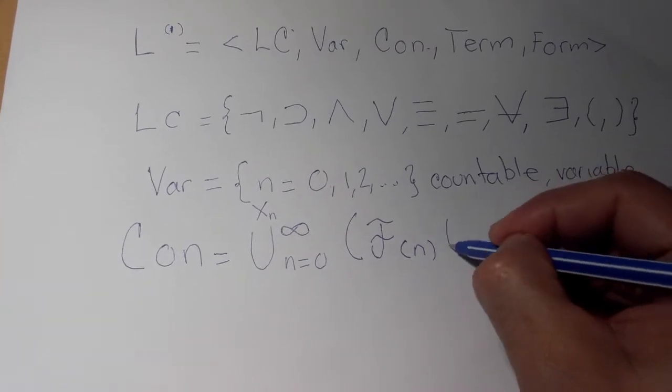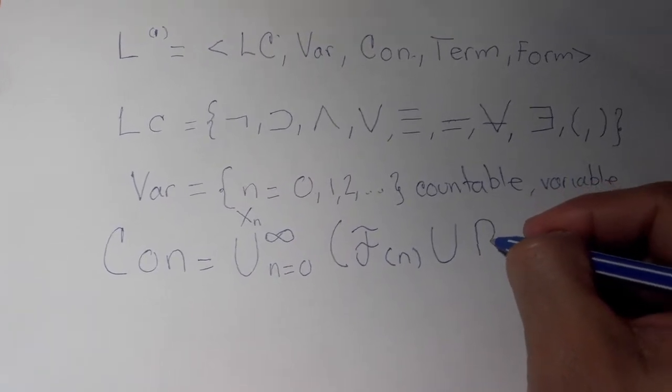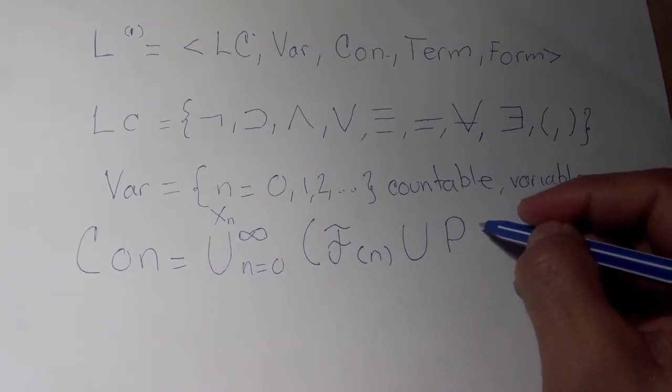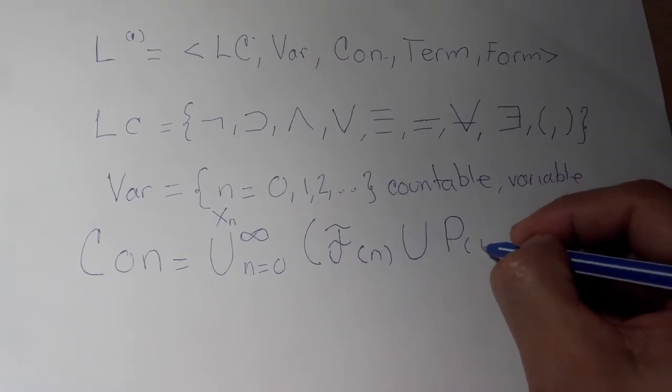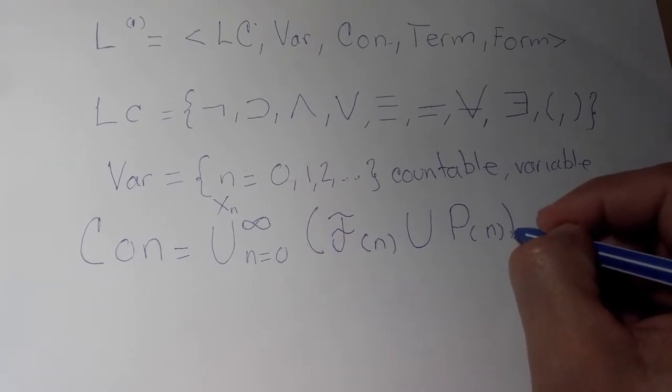Sometimes this is going to be declared with functions, but sometimes this is going to be used for the proposition or predicate. So also we put here p to the n, and we close this.